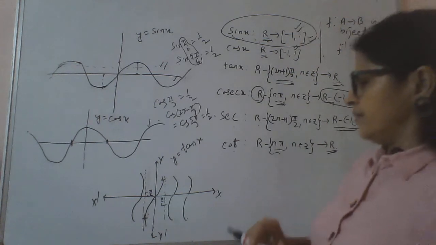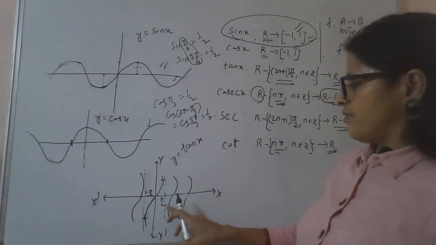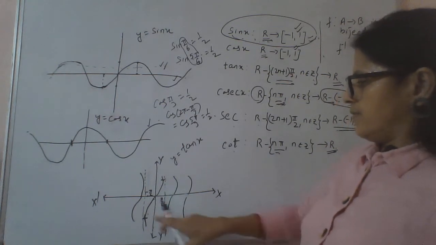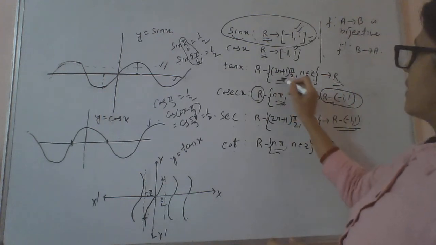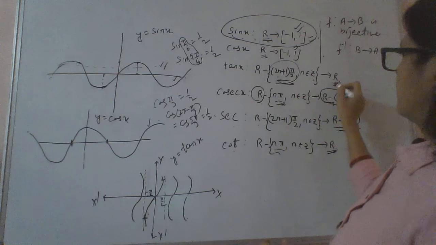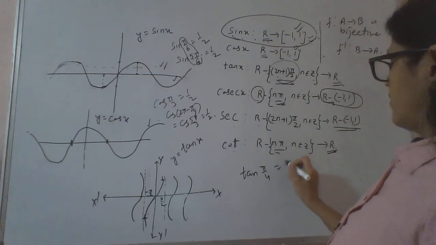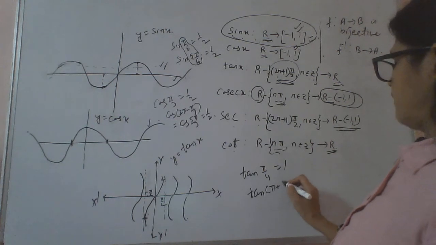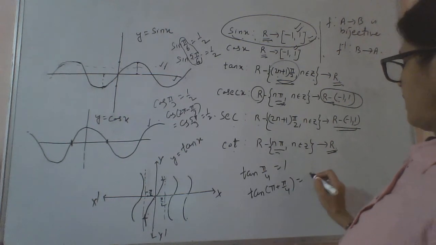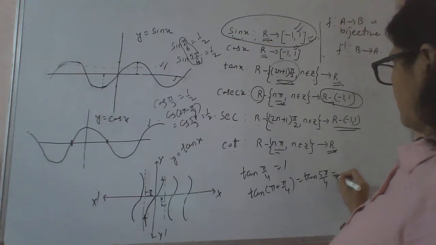Similarly, if you take tan, you can see repetition there also. If I write tan pi by 4 is 1, and tan of pi plus pi by 4, in the third quadrant, that is tan 5 pi by 4, is also 1.